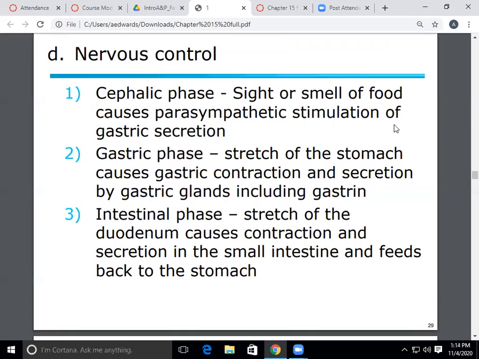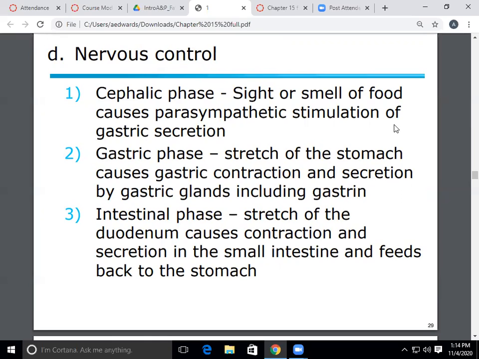Then you've got the gastric phase. It stretches your stomach, and that causes contraction of your stomach, your gastric area, and secretion of gastrin by your gastric glands. And gastrin is a digestive enzyme. Now, you also have an intestinal phase.